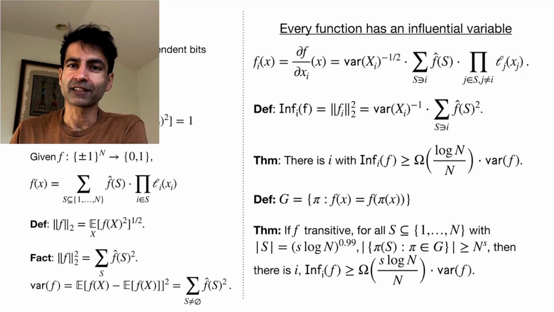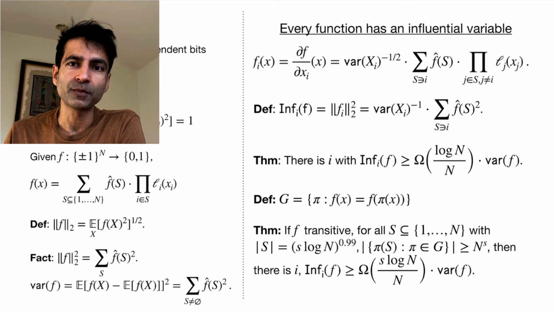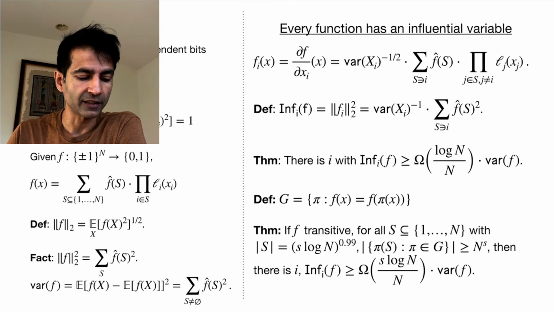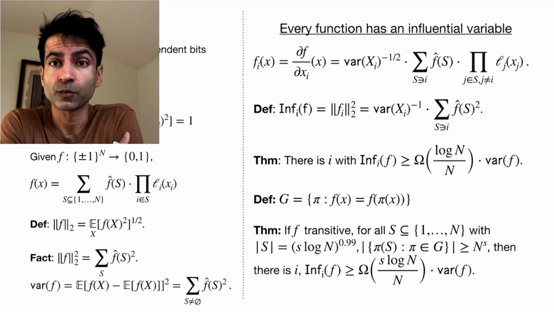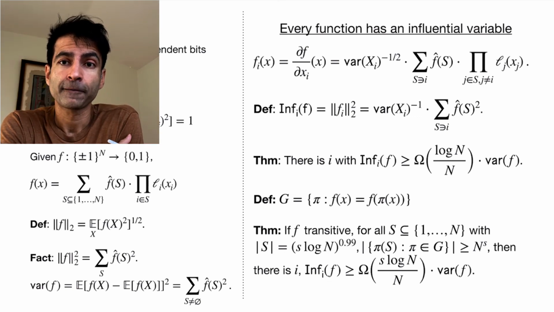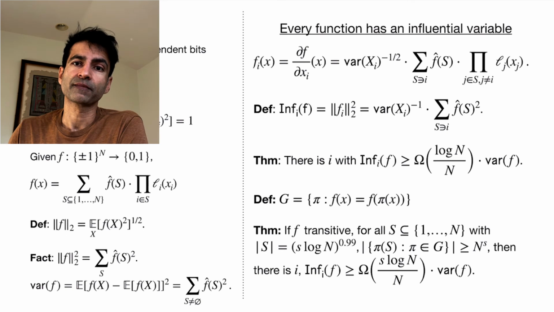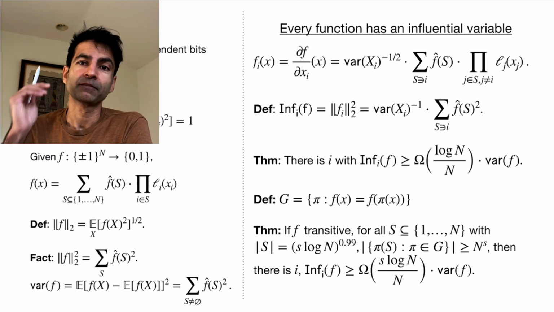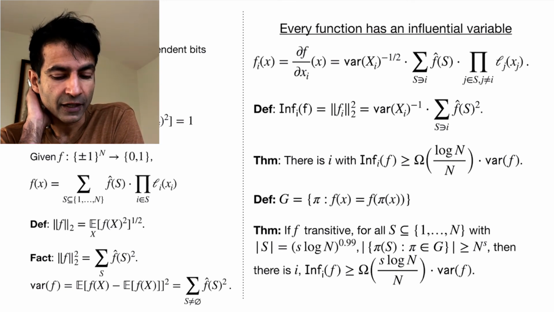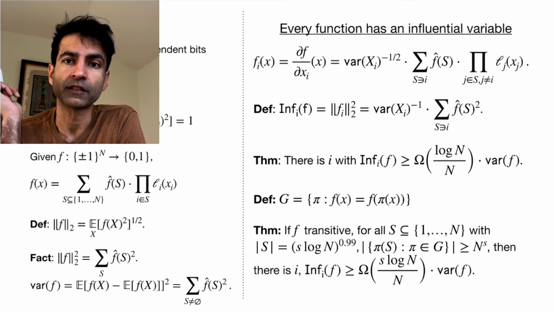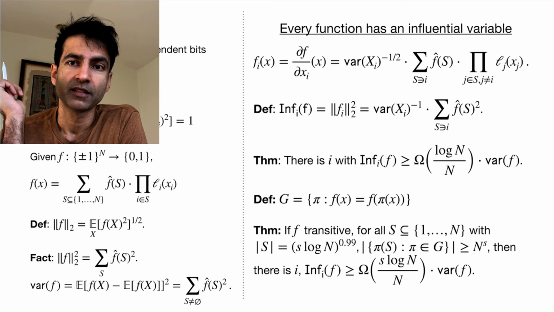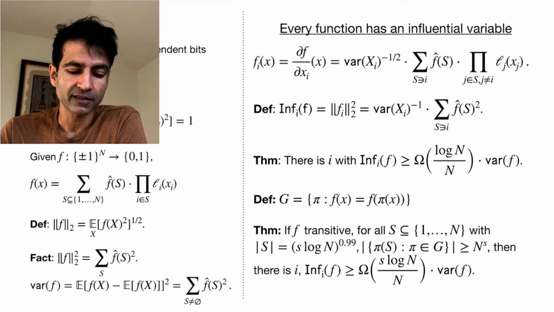And then next, I want to explain some even deeper results which concern Boolean functions. So let's say your function doesn't map into the reals, but it's actually Boolean. And this exactly corresponds to the kind of f we're interested in studying. For a Boolean function, a really deep result is that every such Boolean function must have an influential variable. So let me say exactly what this means.